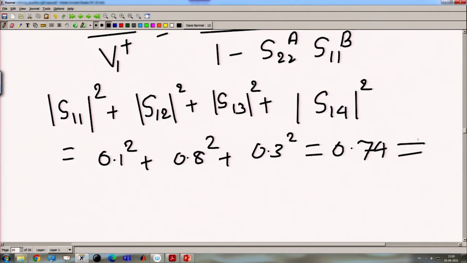So, this is not equal to 1. So, we can say that this is not a lossless network.